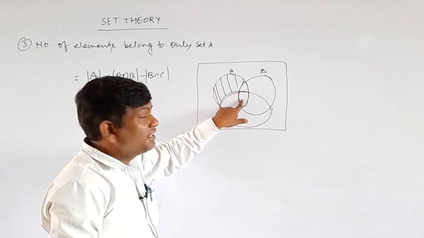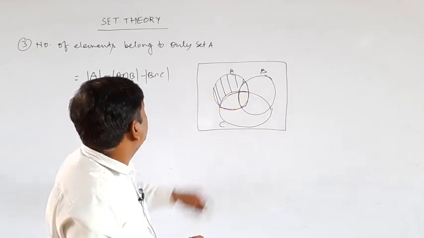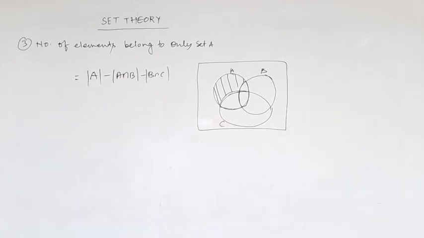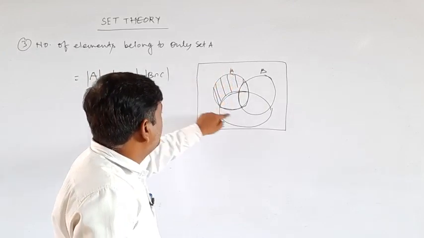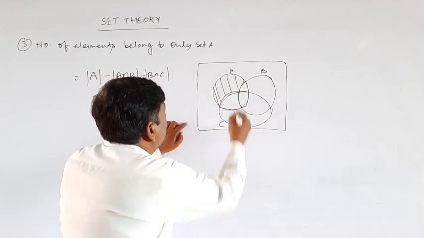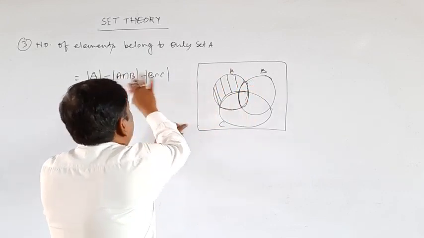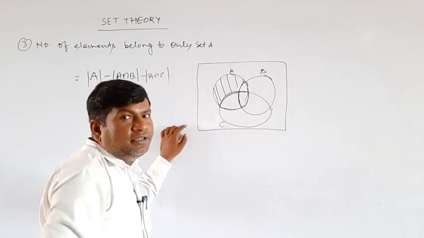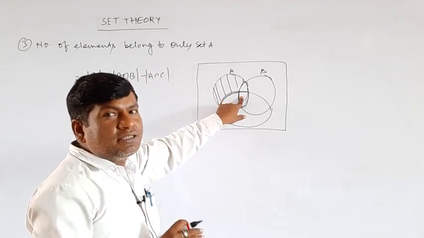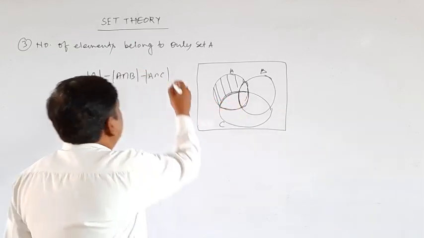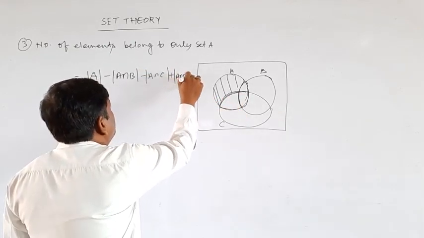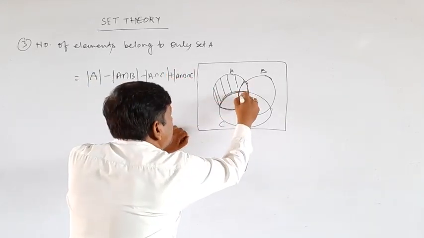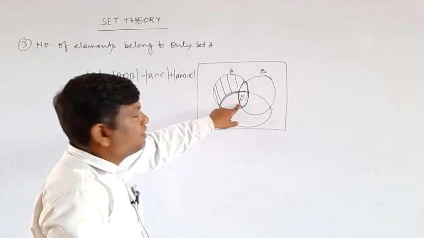This region is subtracted twice, so this region is equal to total set A minus A intersection B minus A intersection C. Since this portion is subtracted twice, add A intersection B intersection C, because you are required to subtract it only once.